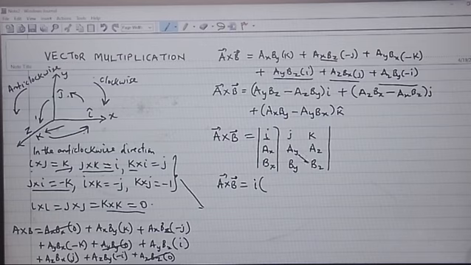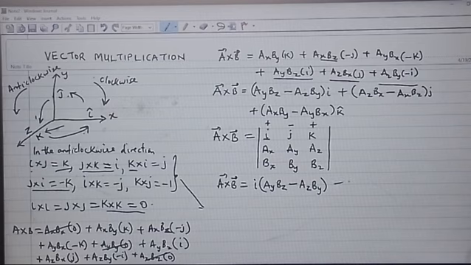Diagonally means this, so AYBZ, then you subtract this from it, minus AZBY. Close the brackets. In this matrix notation, there is a sign for each column, and that sign is this. For the first column, you have positive, second is negative, third is positive. So we make use of this negative sign here now.